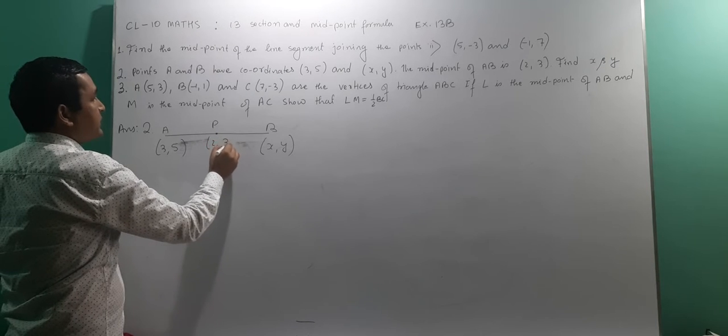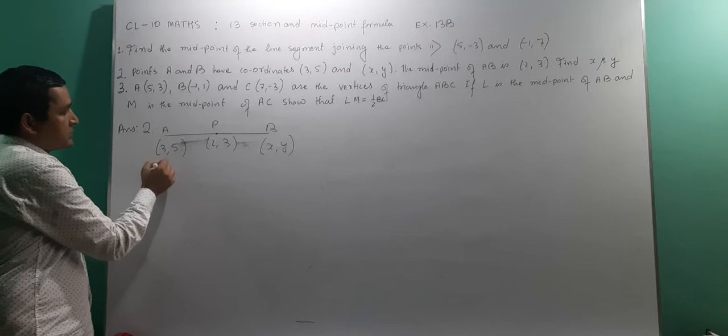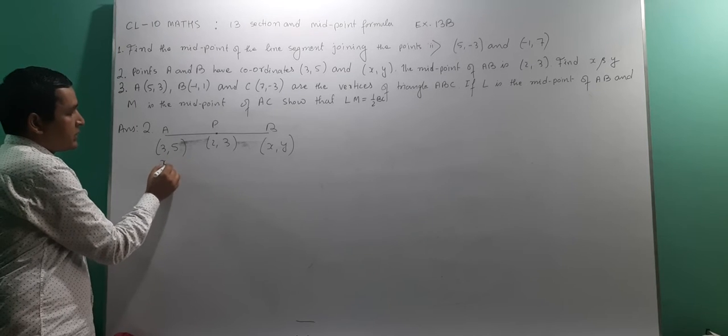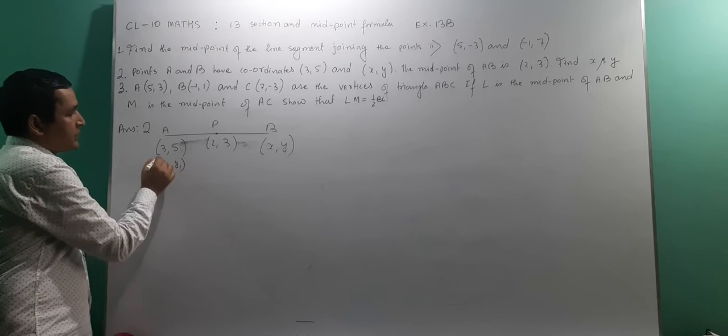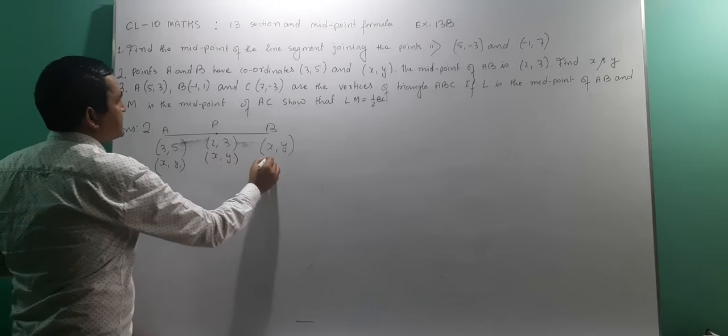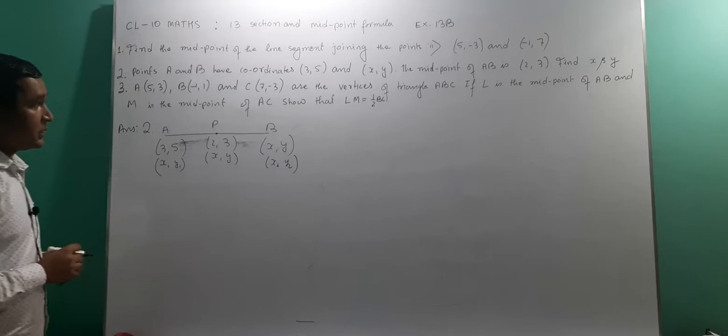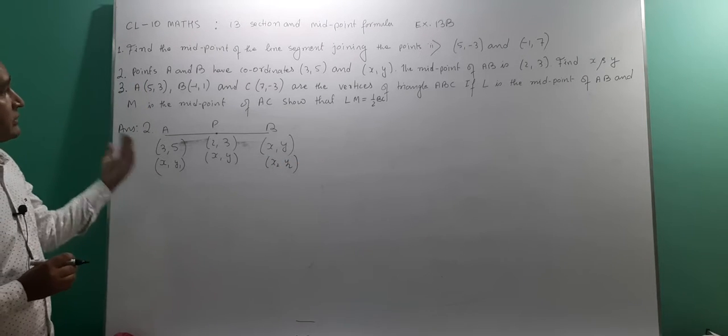2 comma 3. Now mark them: this is x1, y1, and this is always x, y, and this is x2, y2. Now this is the application of midpoint.